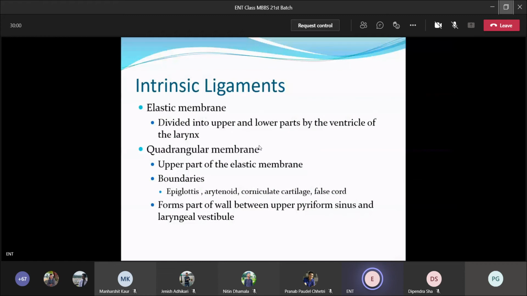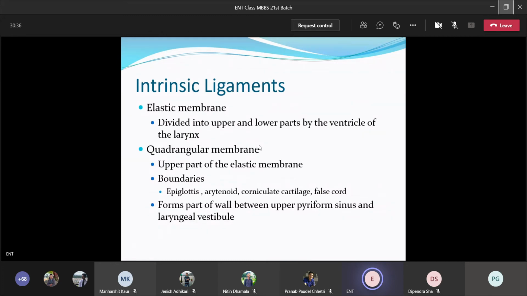The intrinsic ligament, the elastic membrane, is divided into upper and lower parts by the ventricles of the larynx. The quadrangular membrane is the upper part of the elastic membrane, with boundaries of the epiglottis, arytenoid, corniculate cartilage, and false cord, and it forms part of the wall between the upper piriform sinus and the laryngeal vestibule.